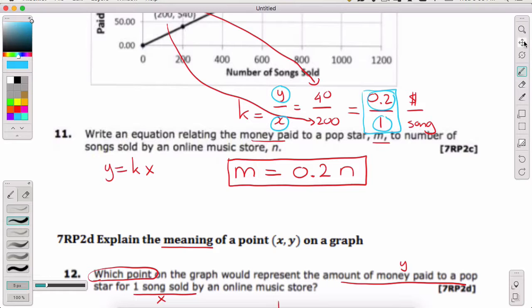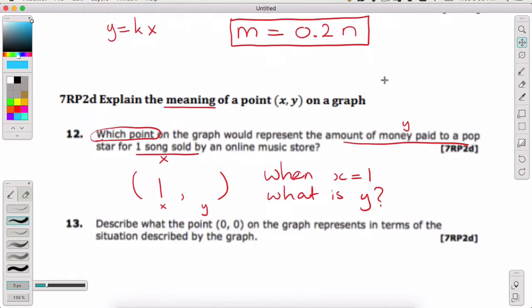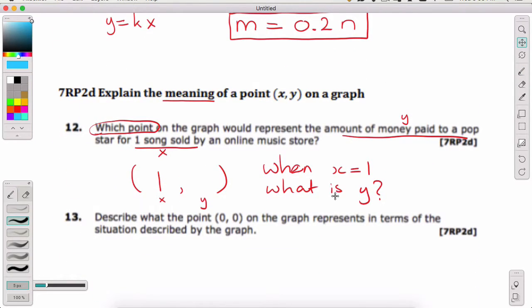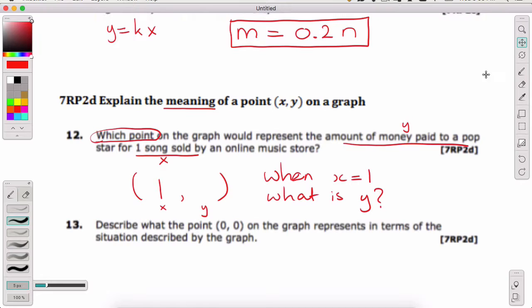So, if I go back down to that question, when X is 1, what is Y? Y is 0.2.